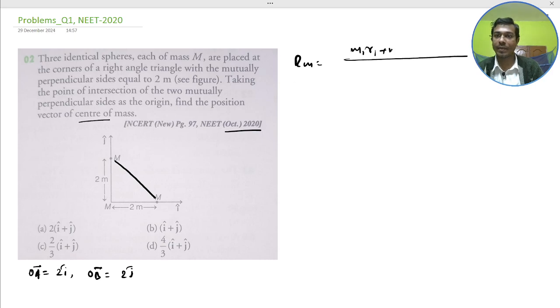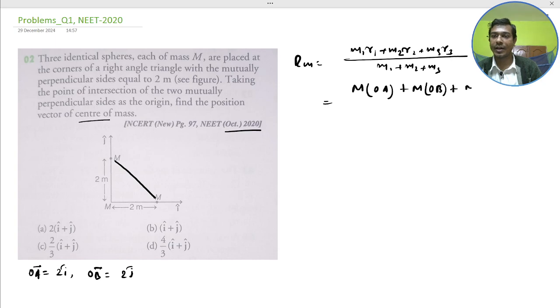m1 r1 plus m2 r2 plus m3 r3 divided by m1 plus m2 plus m3. Just put in these values. r1 means OA, r2 means OB, and r3 means the O point.